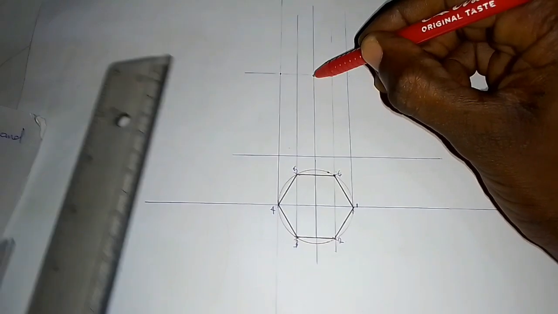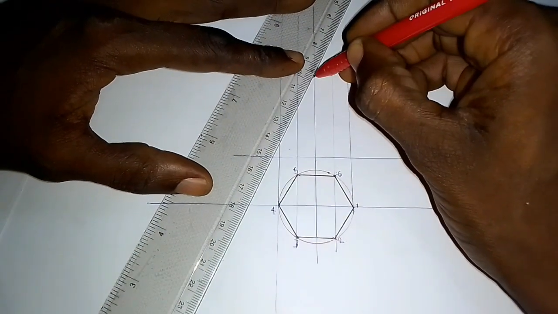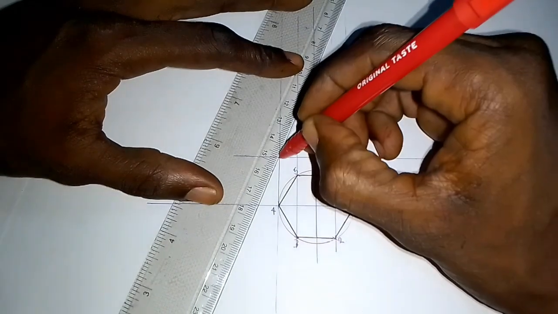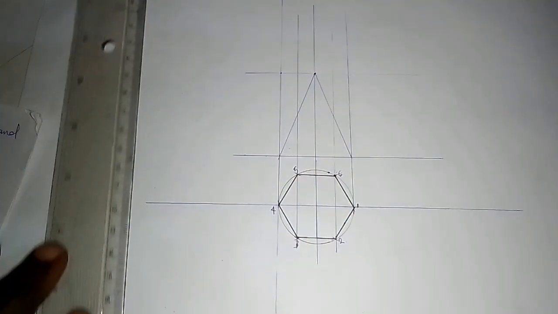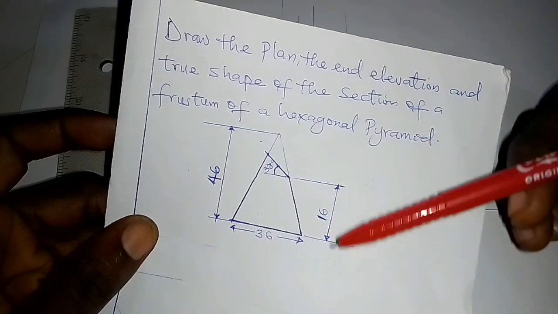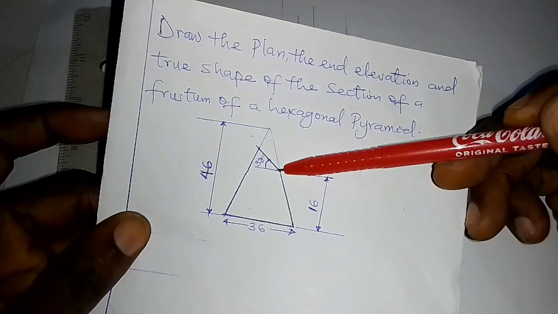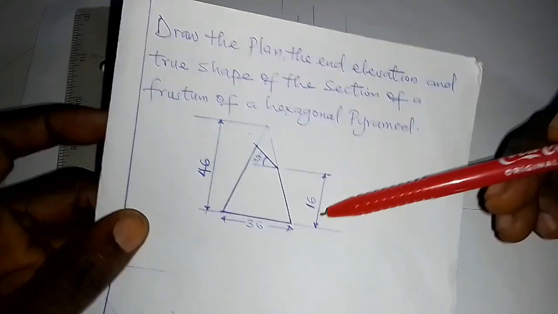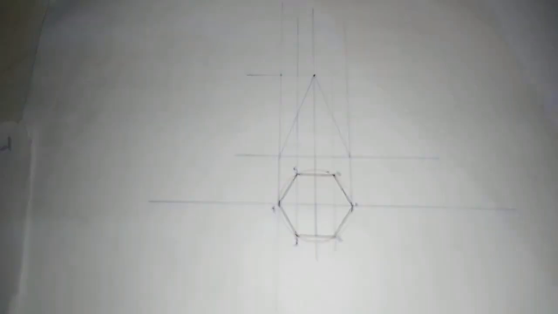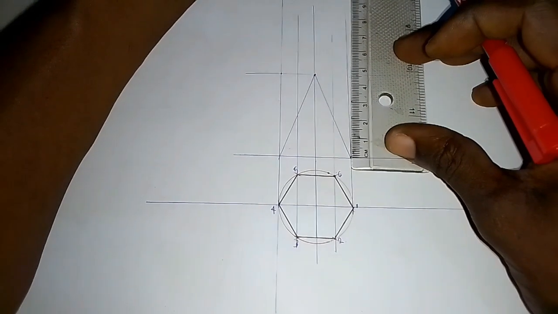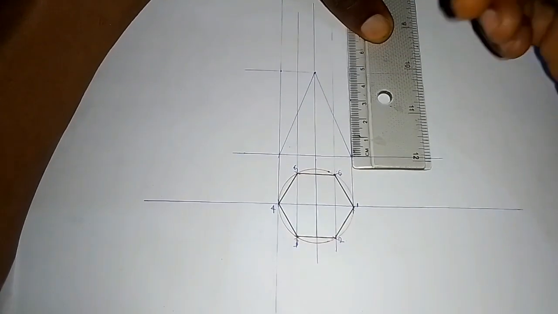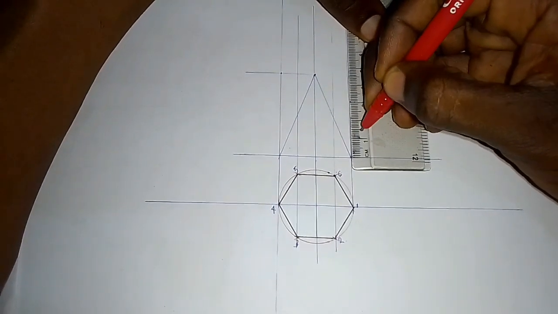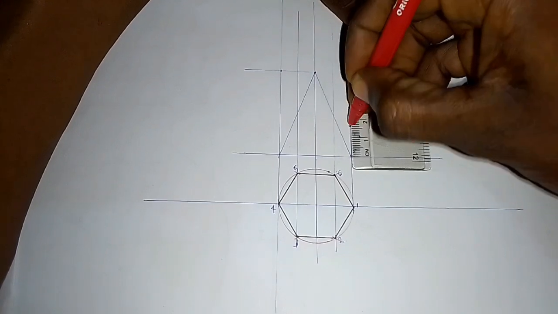So from this point now, I'm going to draw this down. Before we start adding the truncated part, the point where the truncation starts from is 16. We are told that it is 16, so I will come to this part and measure 16, that is 1.6, that is this one, and 1.6.